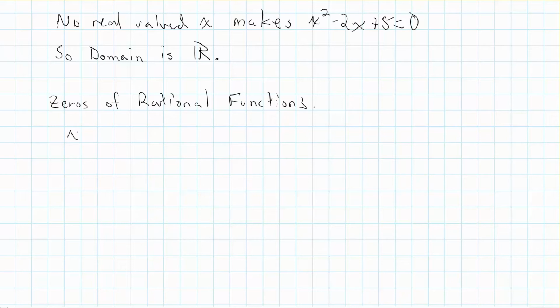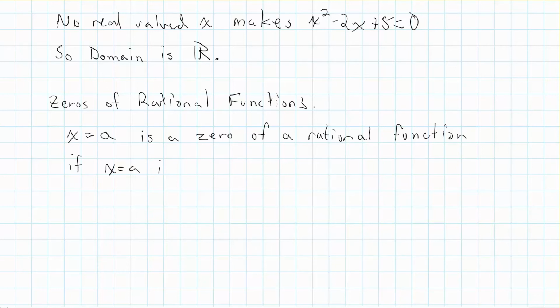So x equals a is a zero of a rational function if x equals a is in the domain of f of x and n at a equals 0.